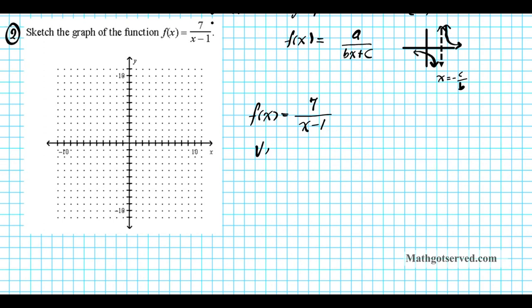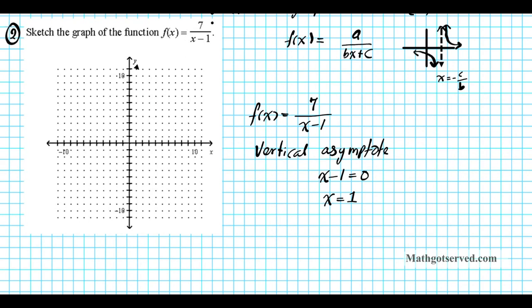So let's look for our vertical asymptote. To find our vertical asymptote, we're just going to set the denominator x minus 1 equal to 0 and solve. Okay, we have x equals 1. That's a vertical asymptote. We can also call it the infinite discontinuity or our pole. All right, so that exists at x equals 1.